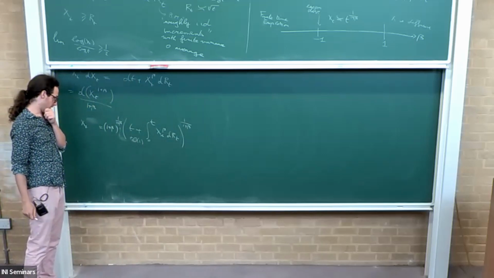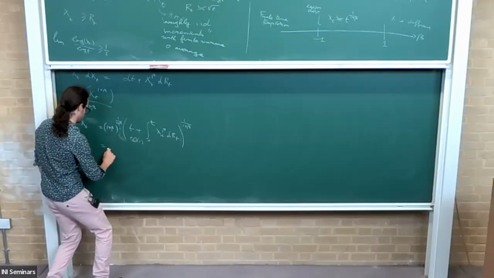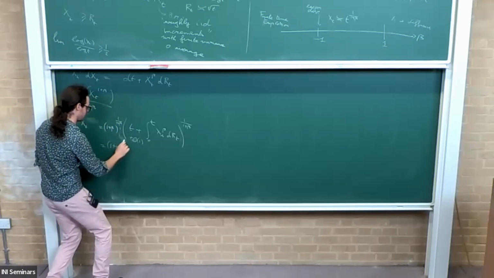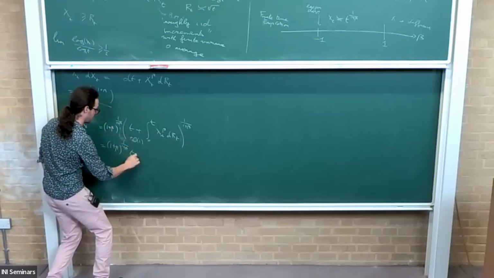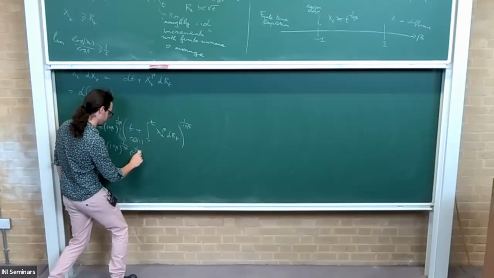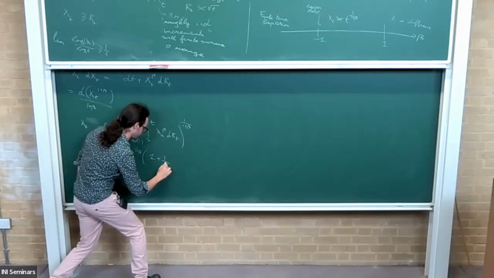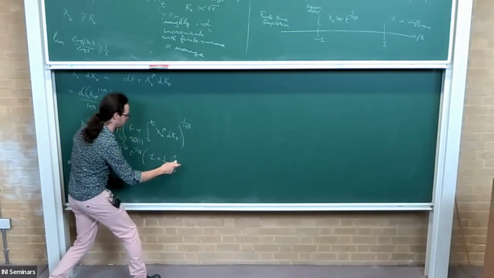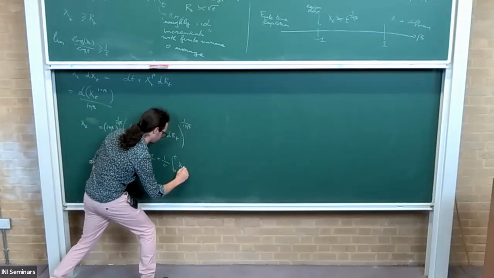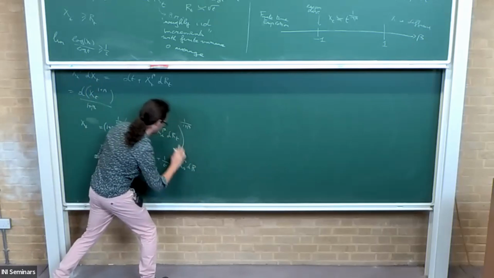Okay, and now I'm going to pull the t out, because here we recognize our behavior if there was no stochastic term. And what we get is 1 plus the average from 0 to t of this, although I should not call it an average.